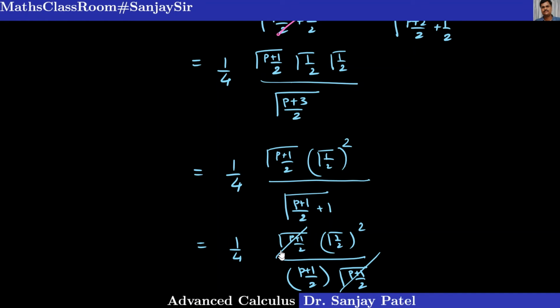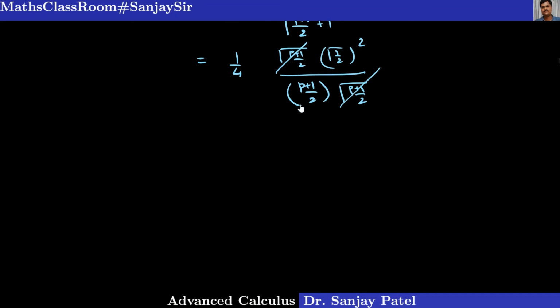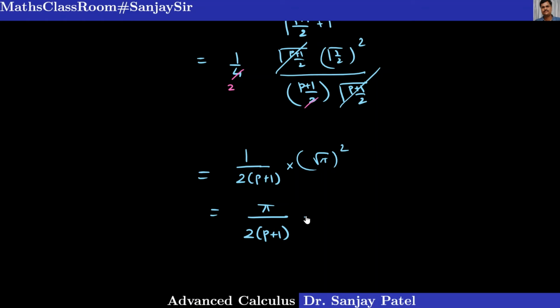What is left is gamma 1 by 2 square, and that gives us pi, and this 2 will be cancelled with this, and we'll get 2 here. So the final answer is 1 upon 2 into p plus 1, and this is nothing but root pi square. So the answer is pi upon 2 times p plus 1.